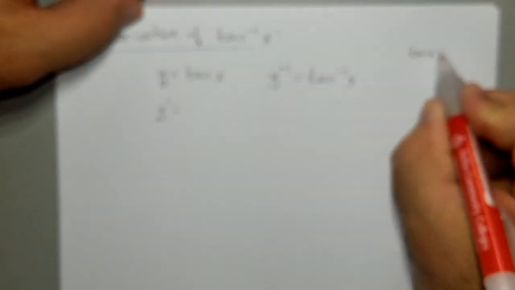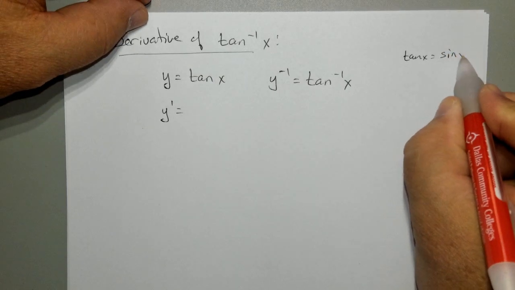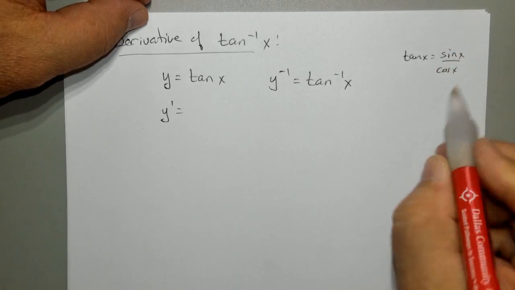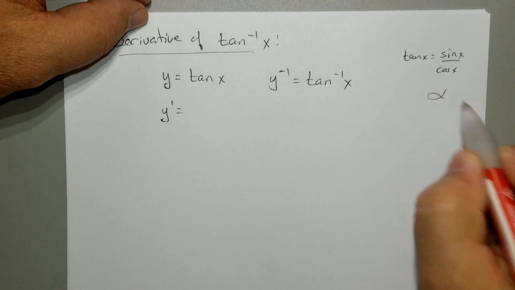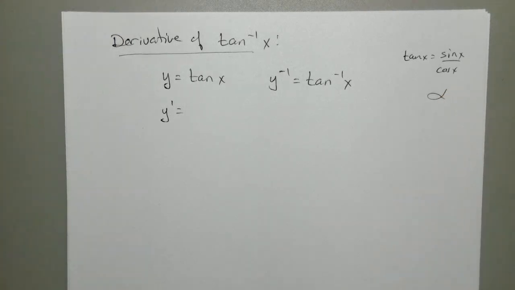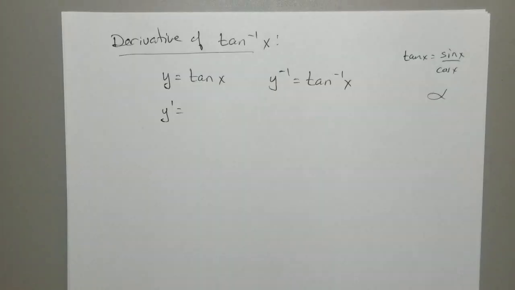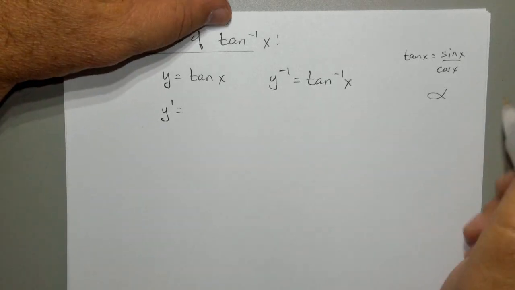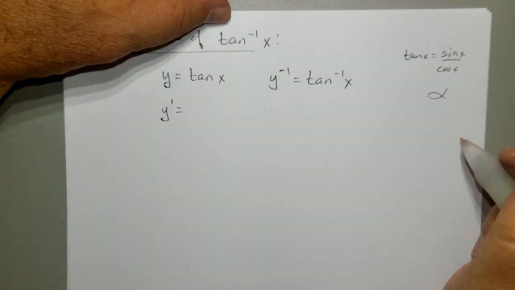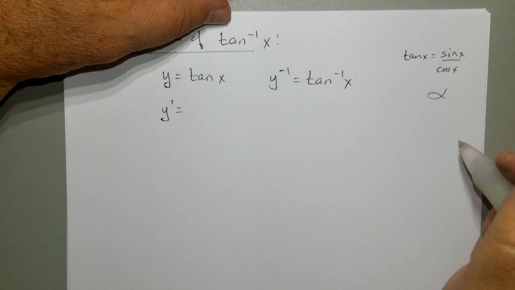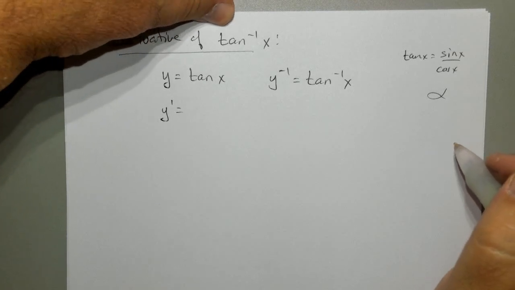Tangent is sine x over cosine x. You'd have to do the fishy thingy. No one remembers it or has it in their notes?